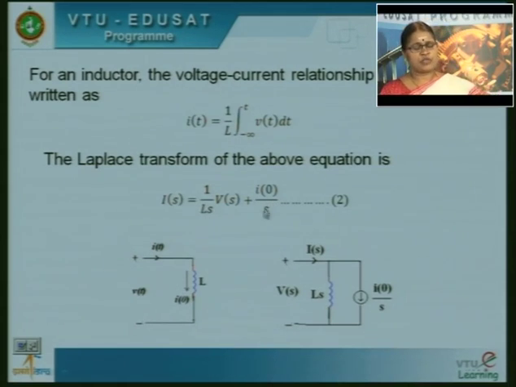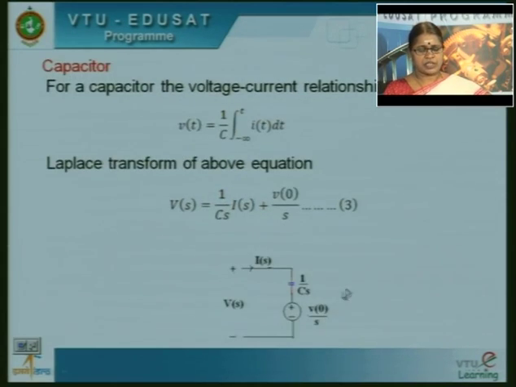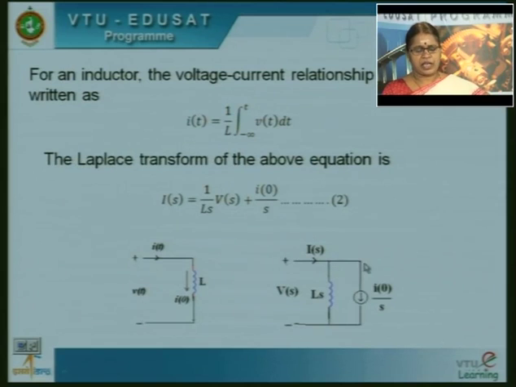So, if I try to write the equivalent circuit from this expression, V of s is the voltage drop across the inductor, and the total current Is is given by the current flowing through this inductor, whose impedance is Ls, in parallel with a current source whose value is I of 0 by s.